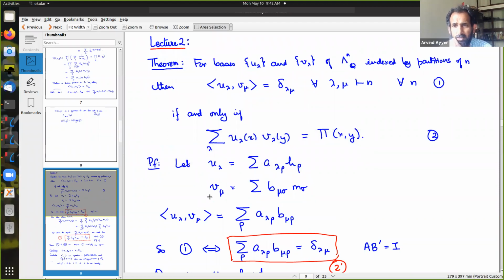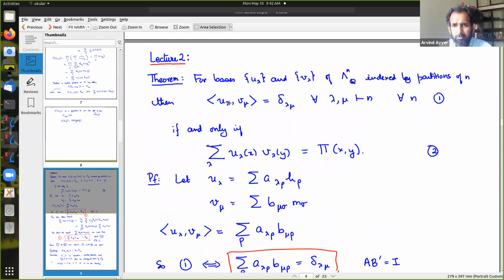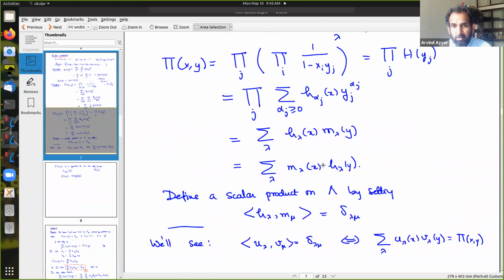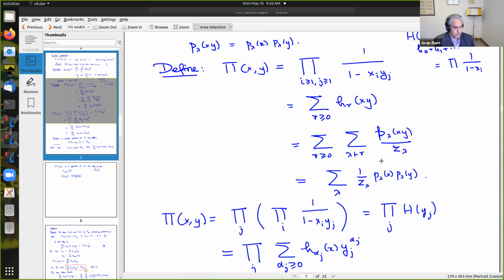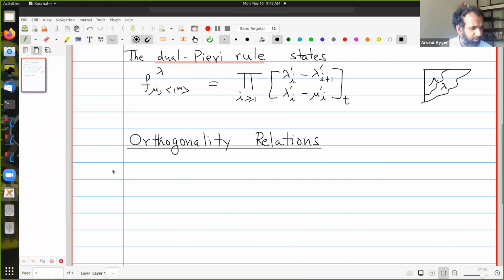Amri proved the following theorem: if you have two bases of symmetric functions, u lambda and v lambda, they are orthogonal with respect to the Hall inner product if and only if, when you take the sum over all lambda of u lambda in one family of variables x times v lambda in another family y, you get this product pi of xy, which is a product of 1 over 1 minus xi yj. So this generalizes beautifully to the whole Hall-Littlewood case.